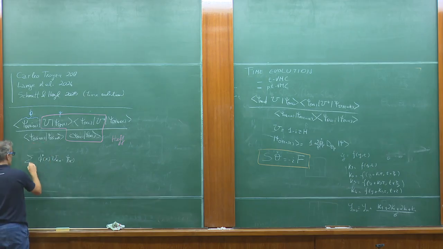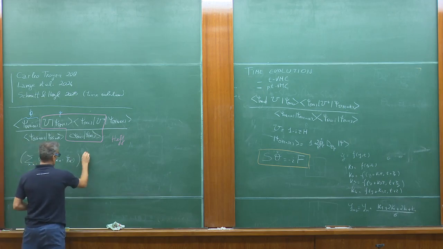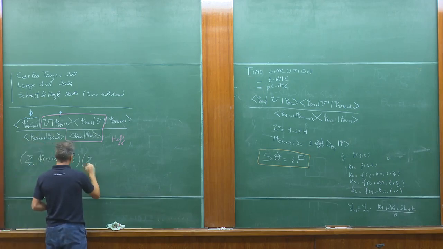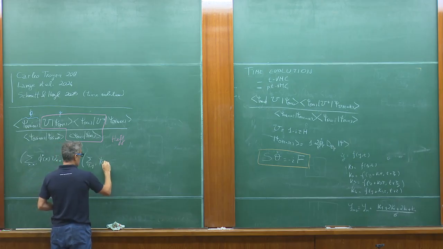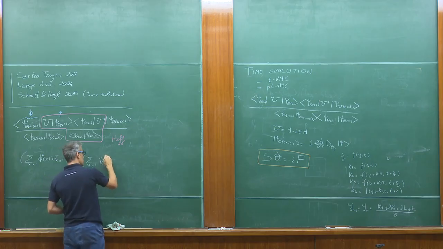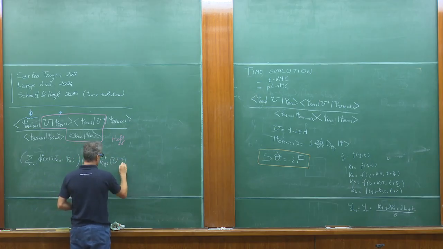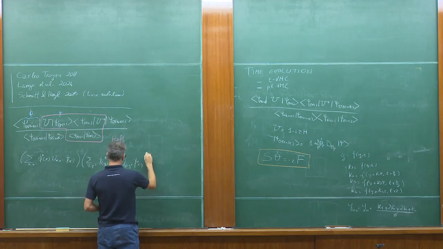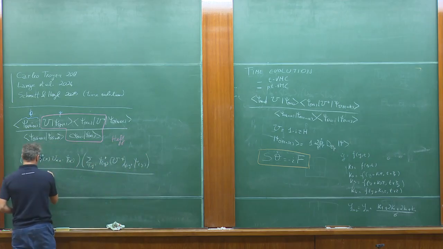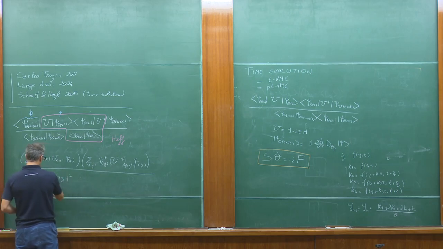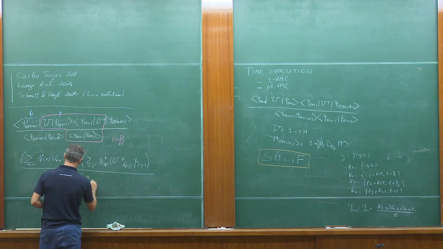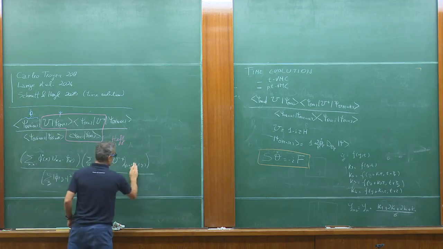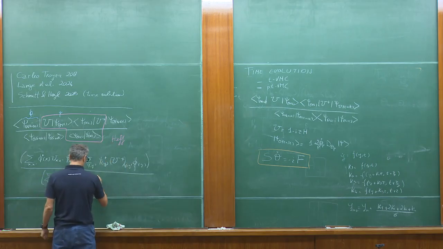This is the first term, sum over x prime, and then sum over y prime of psi y conjugate u dagger y prime, and then you have psi y, and then normalizations, sum over z of phi z modulo square, sum over z prime of psi z prime modulo square.